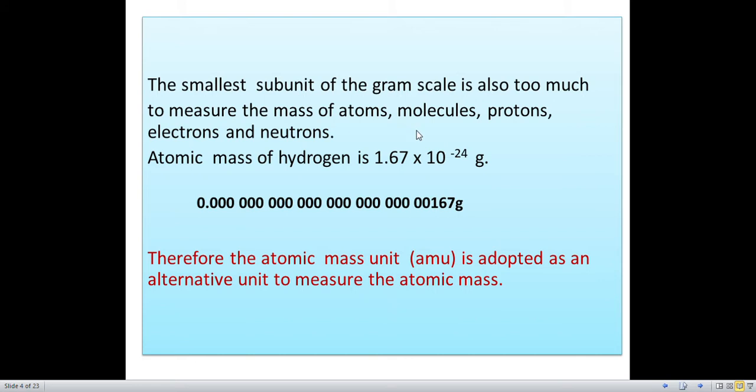The atomic mass of hydrogen is 1.67 × 10^-24 gram. It is represented like this. Therefore the atomic mass unit (amu) is adopted as an alternative unit to measure atomic mass.